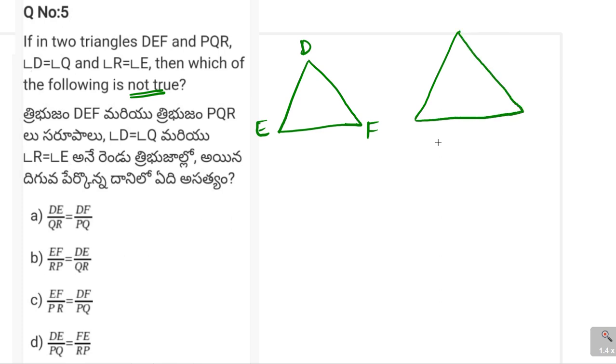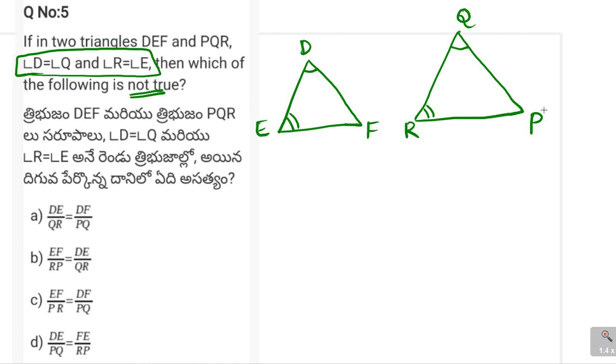Whenever we are giving a name to the second triangle, we need to take these two into consideration. Angle D is equal to angle Q. So angle D, this one, is equal to angle Q. So take this one as Q. Now angle R is equal to angle E. So where is angle E? Here is angle E. This is equal to angle R. So write R here.